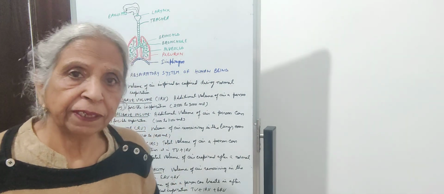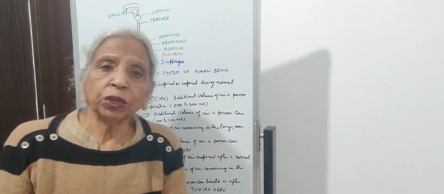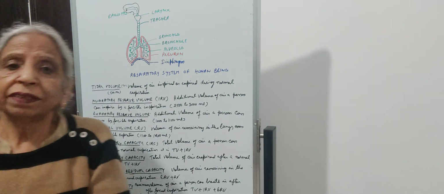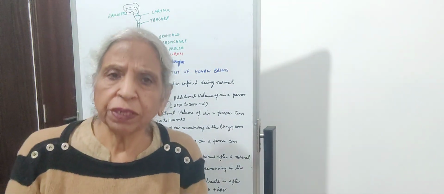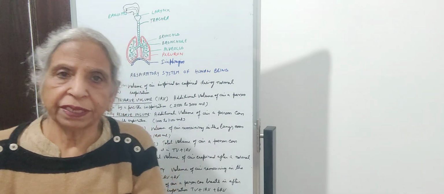How does it occur? When carbon dioxide is released by the tissues to the blood, the hemoglobin of the blood will carry the carbon dioxide. 4 molecules can be carried by the hemoglobin. It will form carbaminohemoglobin. It is also a reversible process.